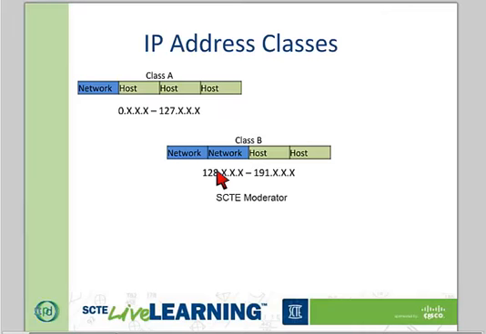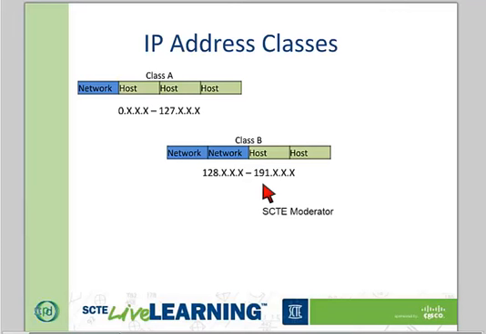Let's take a look at the Class B. In Class B, the first 2 octets are network. Out of those, there's 8 bits here and 8 bits here, but we can only use 14 of those bits, because if I manipulate all 16 bits, I will no longer be a Class B. I kind of call them lock bits. Everybody refers to them as different things, but we just cannot manipulate those bits.